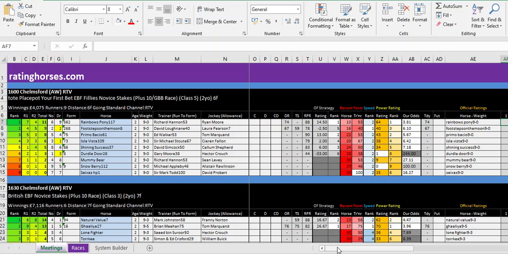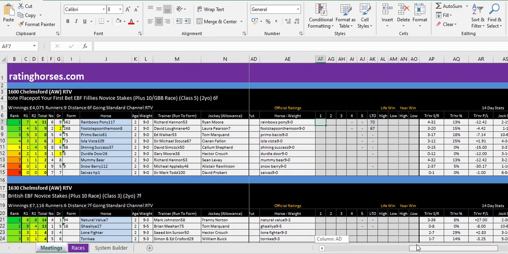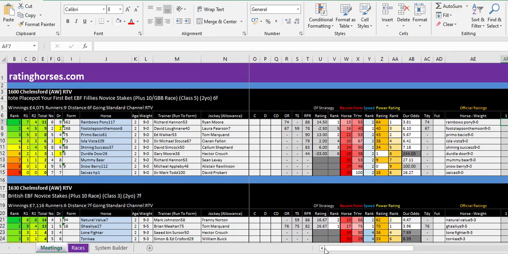I will add, if you scroll across this bottom bar, you will get more information if you scroll to the right. Okay, so just bear that in mind. So let's get into the details.